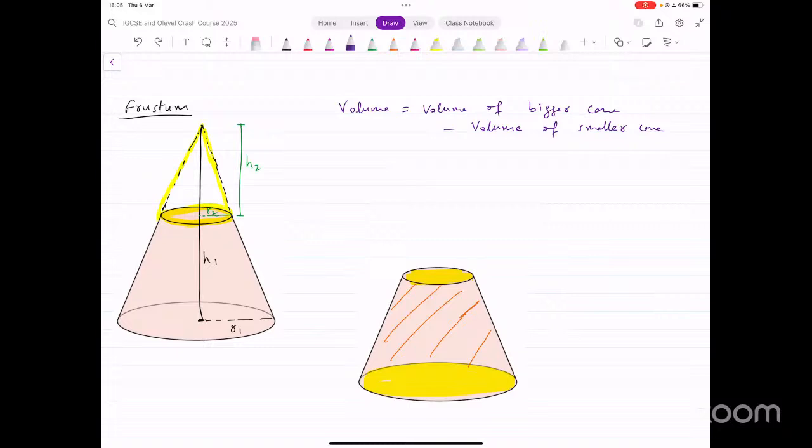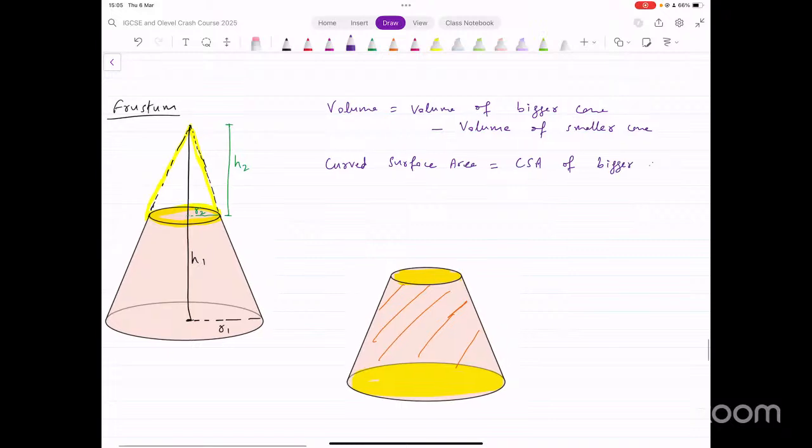For that as well, you do something similar. You would say the curved surface area of this frustum is equal to the curved surface area of the bigger cone minus the curved surface area of the smaller cone.